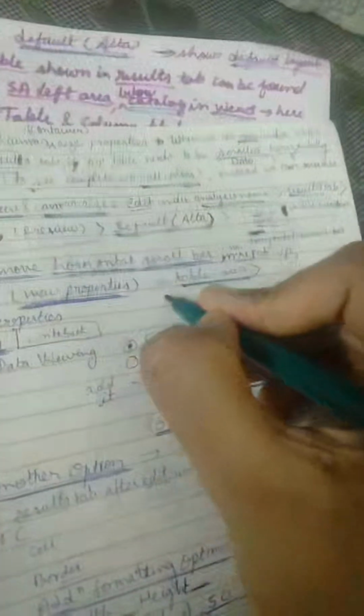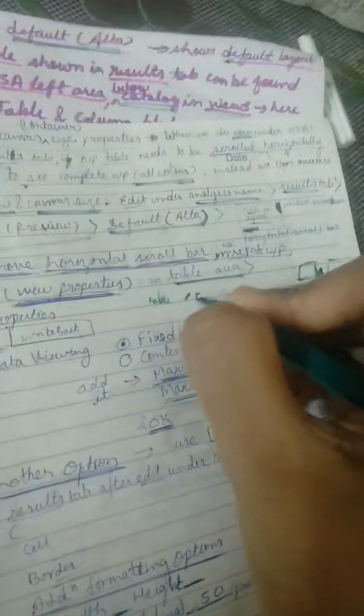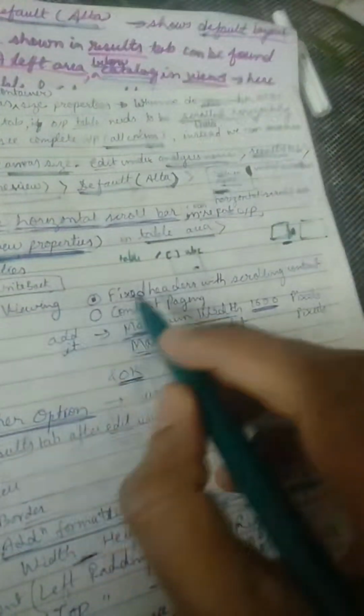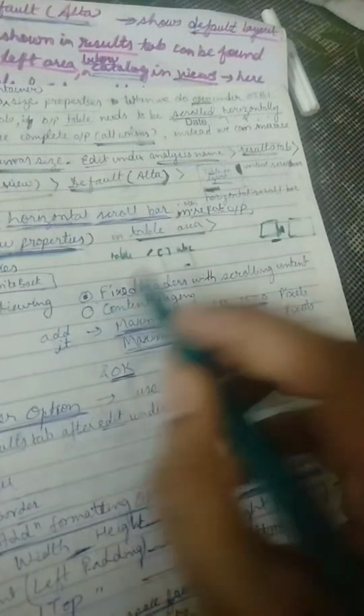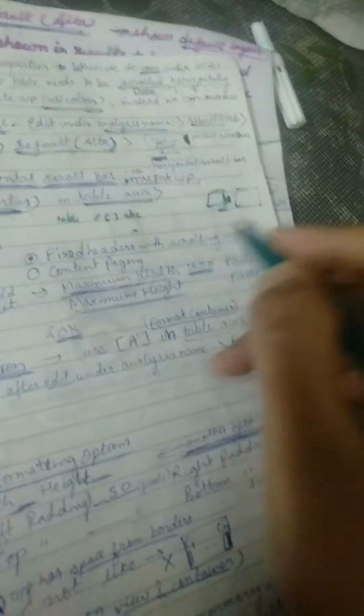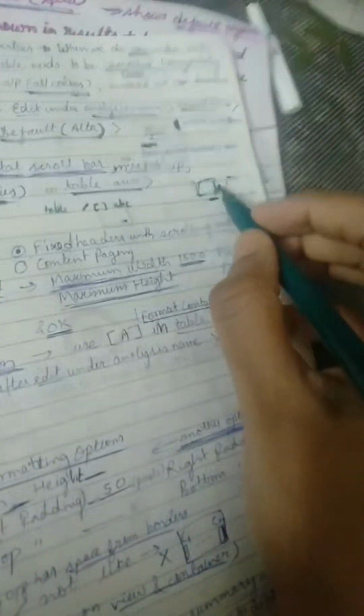You click on this view properties, go to the style tab, then in the data viewing section you have fixed header with the scrolling content, right? Right now it has fixed header with the scrolling content, but I don't want these scrolls right now.